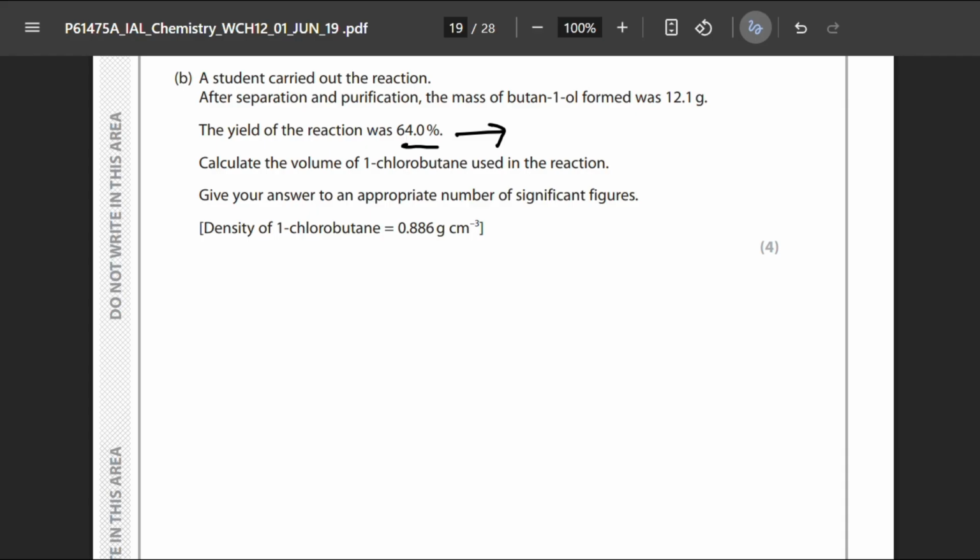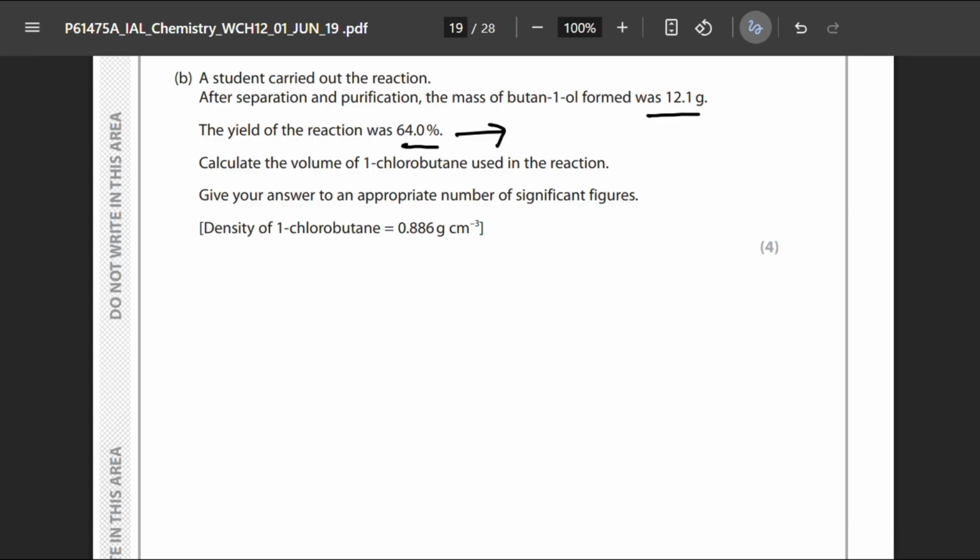The yield of this reaction is 64%. It shows that if we are using 100% of chlorobutane, only 64% is the reaction yield.